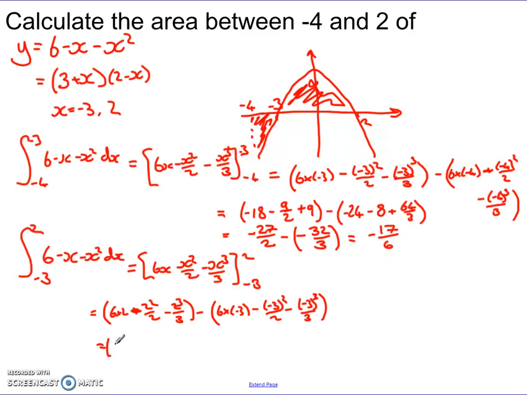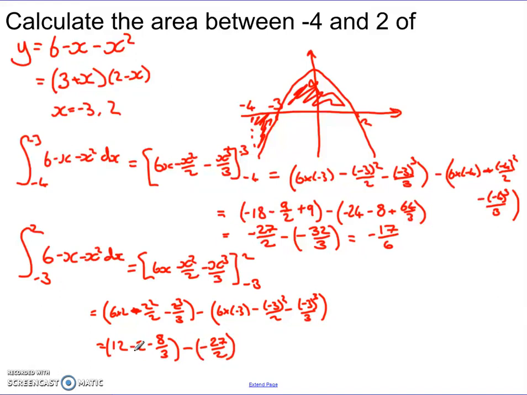Now 6 times 2 is 12, so I've got 12. 2 squared over 2 is take away 2, 2 cubed over 3, take away 8 over 3. And it's take away the second bracket here, but the second bracket ends up giving me the same as the first bracket here, which was negative 27 over 2. It's negative 27 over 2 here.